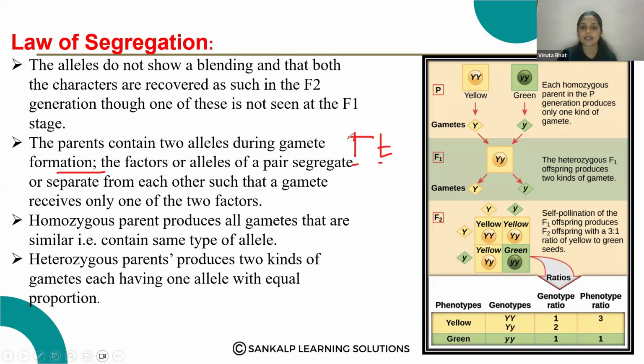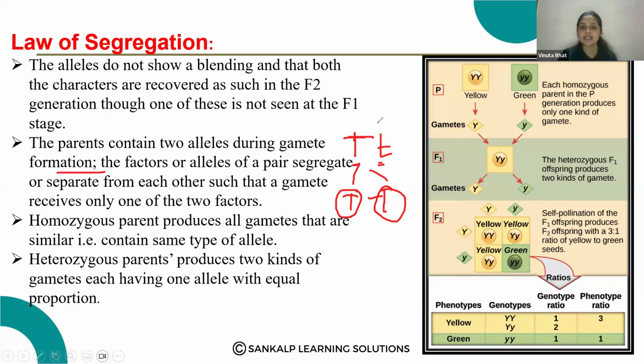When the parent contains two different alleles, during gamete formation the gamete contains either capital T or small t, which means there is segregation or separation of the alleles, such that a gamete receives only one of the factors, either capital T or small t, not both, right?